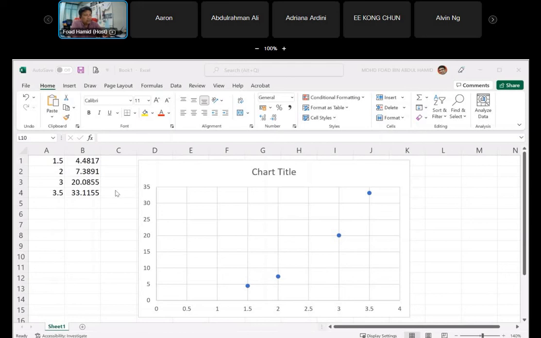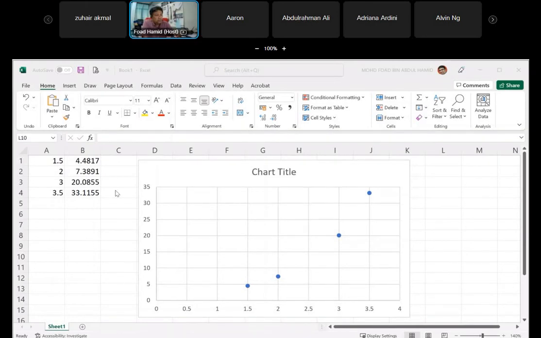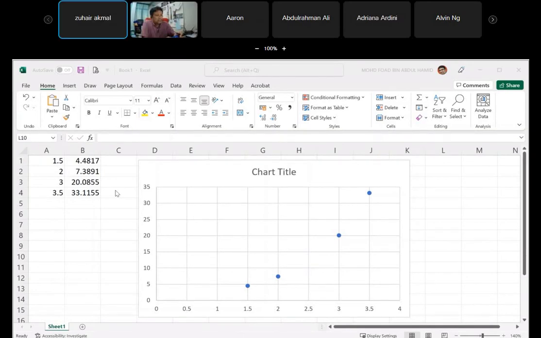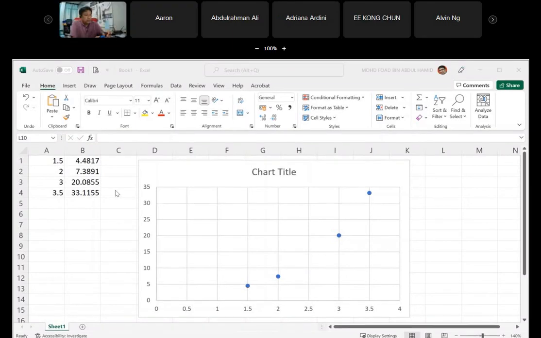Using the interpolation method? Why interpolation? Why not regression? Yeah, so the linear regression.